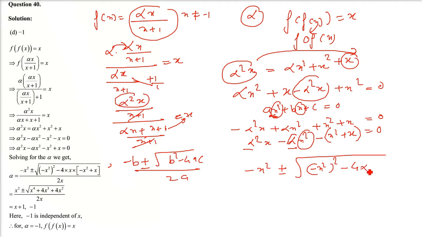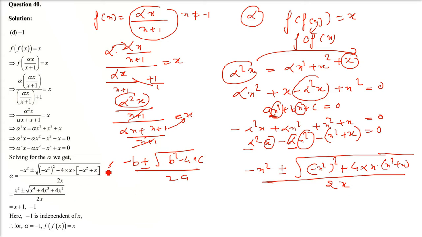What is inside? B square is minus x square whole square. Minus 4 into a is your x. And your c is this negative x square plus x. So negative, I am just making it as positive. And then x square plus x will be there. And divided by 2a, 2 into x.